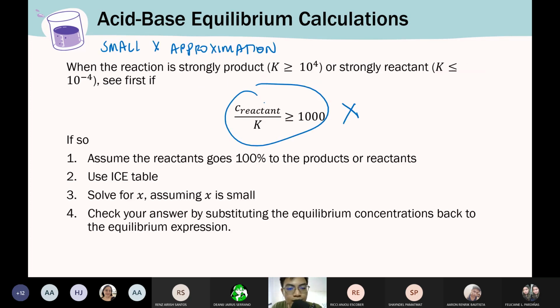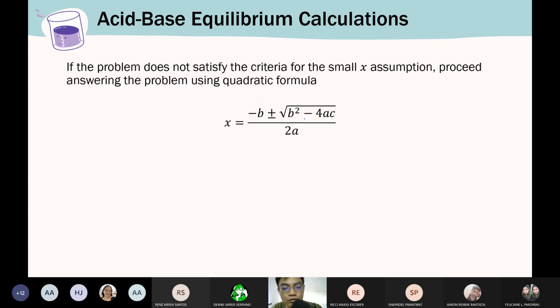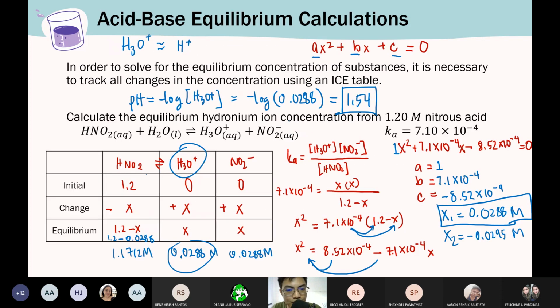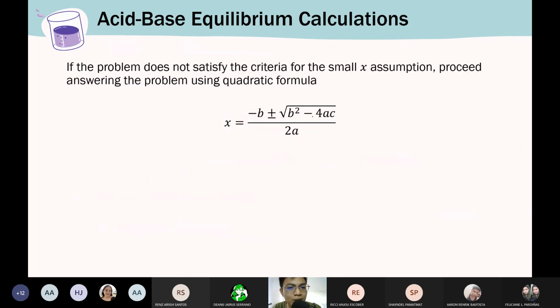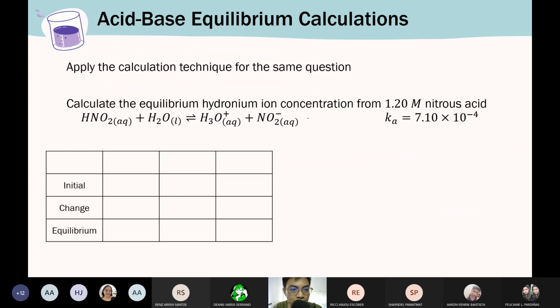So, yan. So, again, you just divide the reactant divided by the K. If that's greater than 1,000, then you can do this technique that I will show you later. Pero if the ratio of concentration and the K is not greater than 1,000, then you have to do quadratic equation. Turo ko sa inyo yung technique. So look, our answer is 1.54. Let's check whether we can apply the small x approximation here.